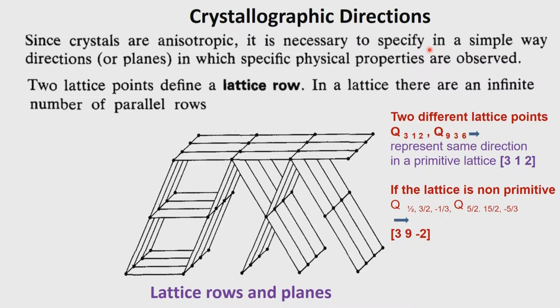Therefore, the definition of a crystallographic direction and the plane become extremely important. These points are probably not very well explained in any textbook, but in these discussions we will go specifically into the understanding of crystallographic directions and planes, with the view that we are going to measure physical properties later on. For example, if you are measuring the elastic constants of a given crystal, the elastic constant direction has to be specified.